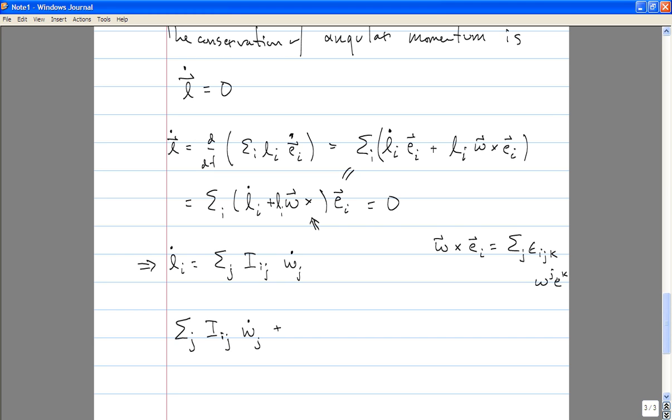Sum over k there too. So this expression is the sum over j of Iij omega j dot plus epsilon ijk times the sum over k, Ikl times omega l. And all that is equal to 0.